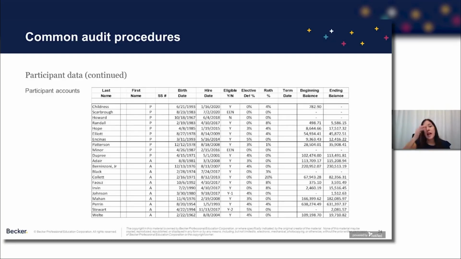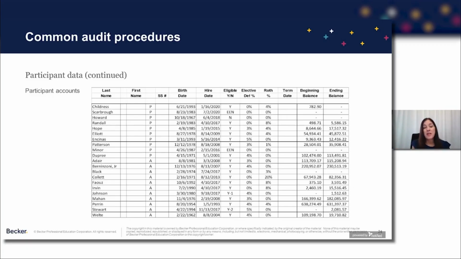Me personally, I prefer to test this information in a different manner rather than using confirmations. I would rather look at something that participant has initiated or signed or completed versus having them get a confirmation, look at the confirmation and go, yeah, that looks about right, and then sign it and send it back.